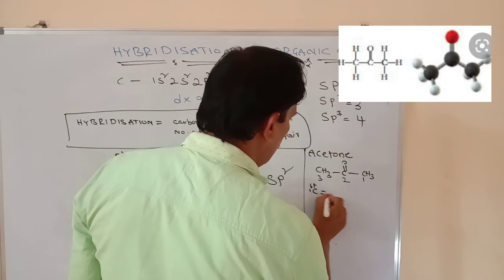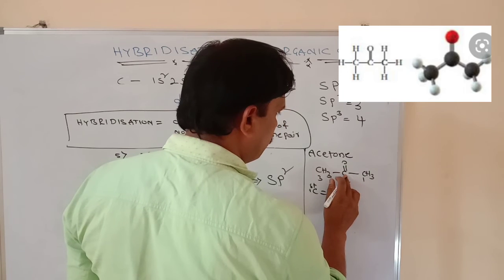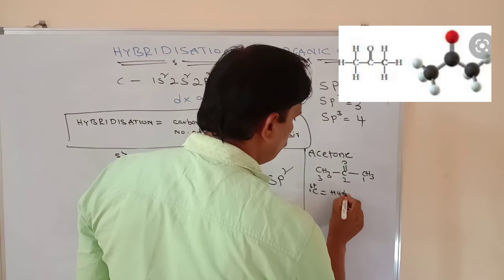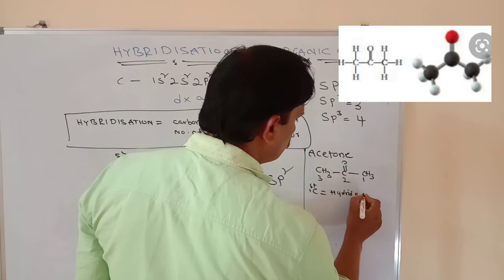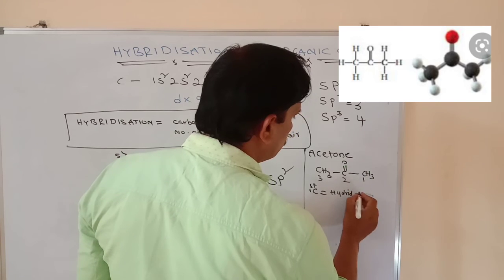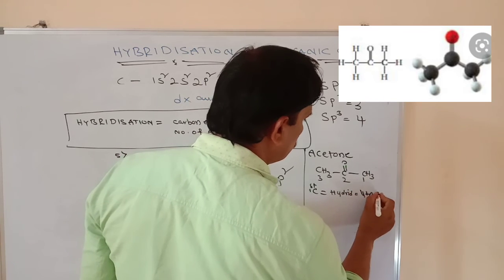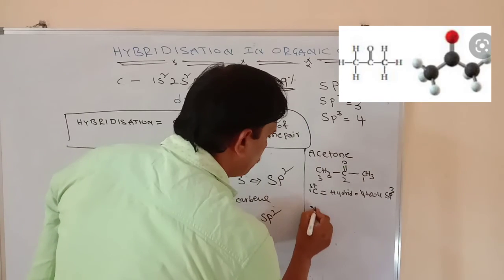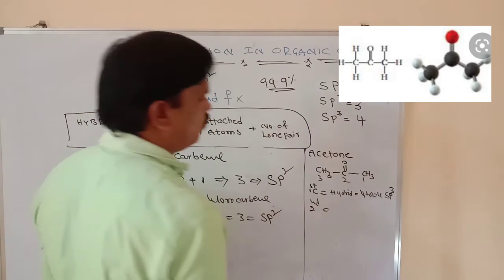The first carbon is attached to the C double bond O group and 3 hydrogens, with no lone pairs. So 4 plus 0, that is 4, which means sp3 hybridization.